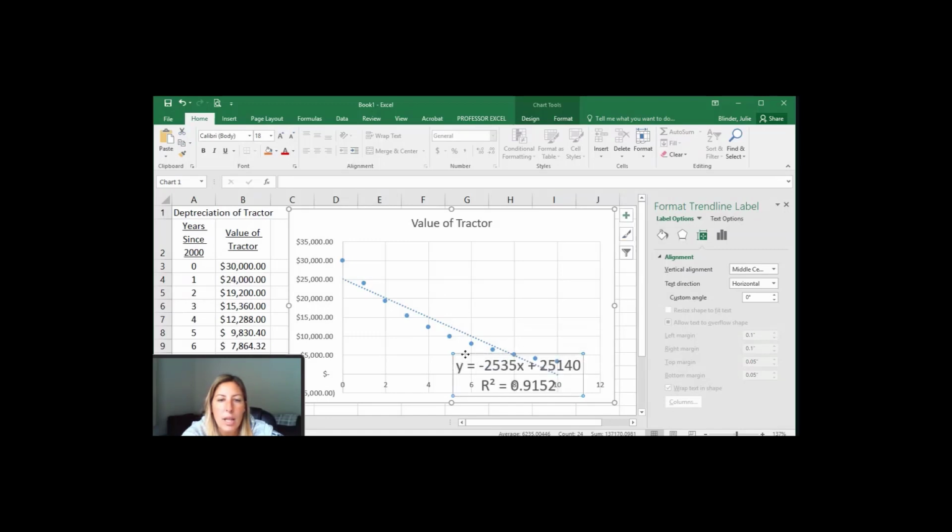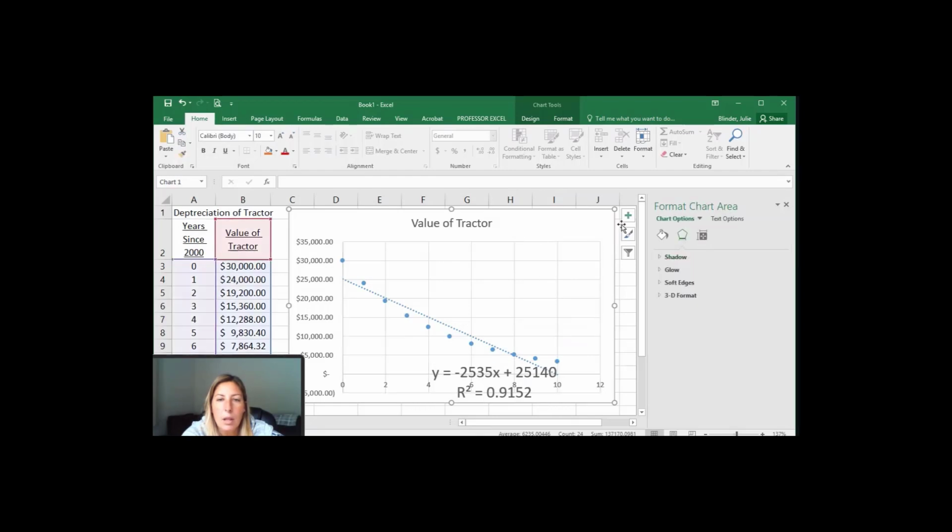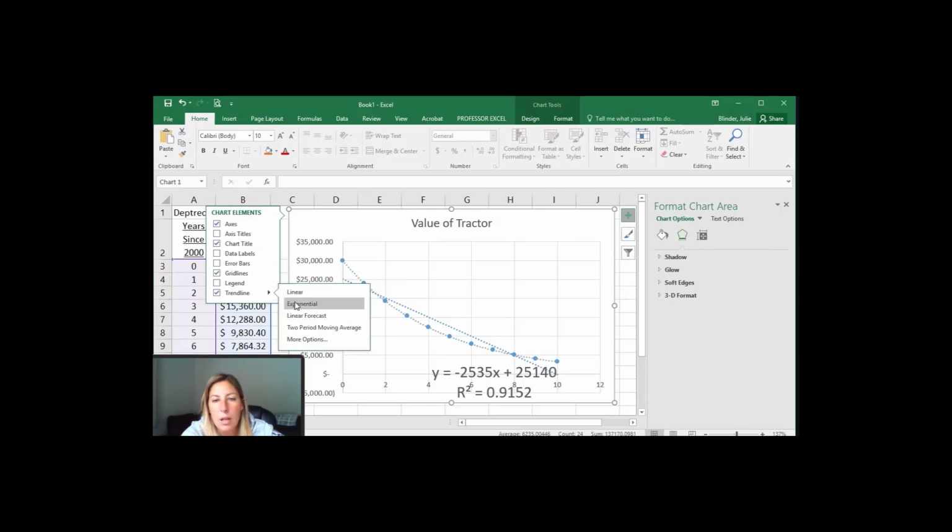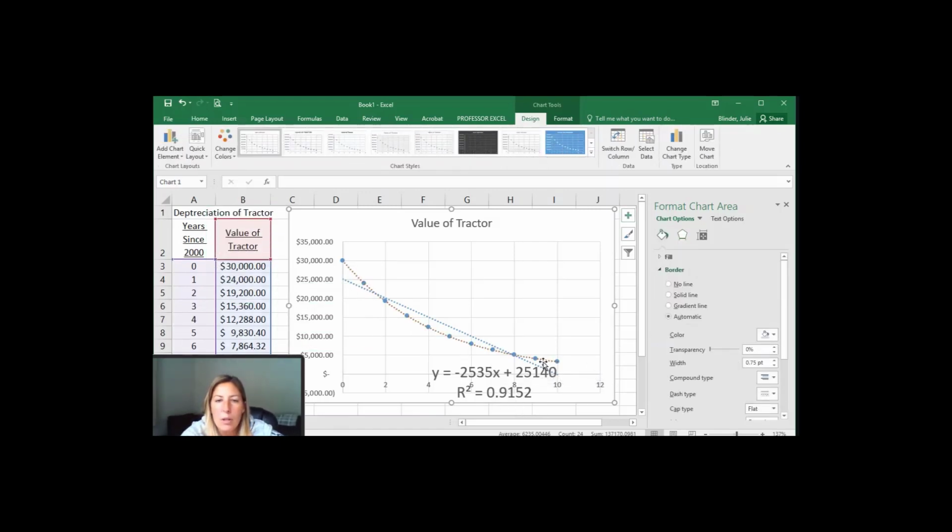Now, let's see if we can add another equation onto this. I'm going to click on the plus sign again, and this time I'm going to click on trend line, and I'm going to add exponential. You see how I added 2 in there? Sometimes it's a little bit difficult to do, but if you play around with it a little bit, I'm sure you'll get it. I have the trend line in there.